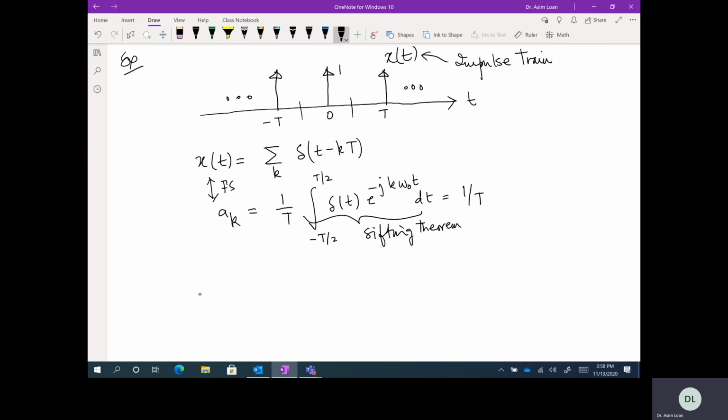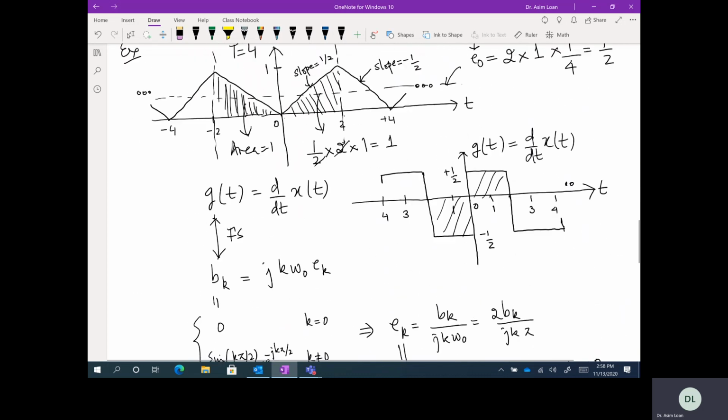Now I want to calculate this. This is my original function. Maybe I don't want to redraw this one. Let me copy it from here.